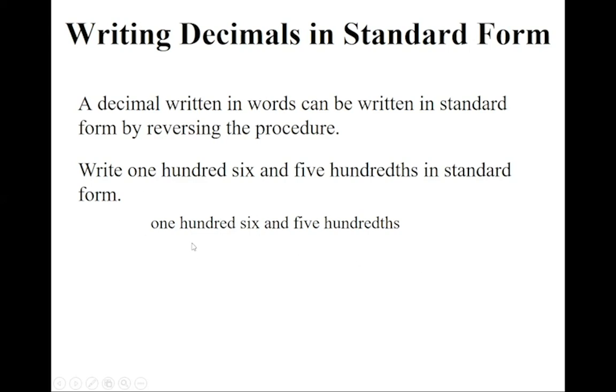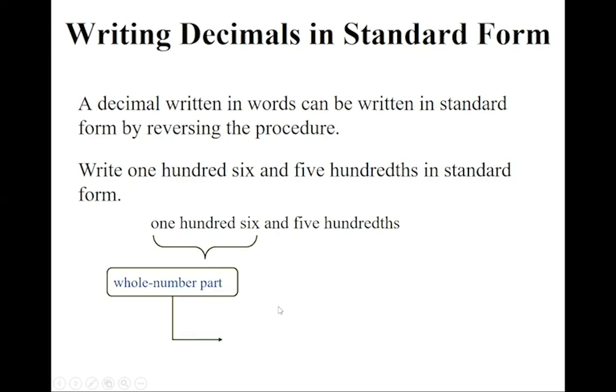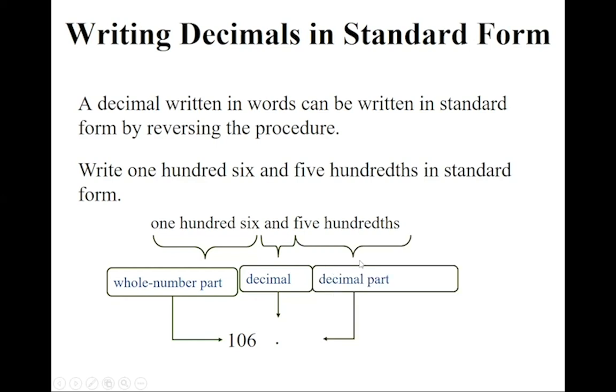The whole number part, 106, will come first. And then the and, that's the decimal point. But the hundredths tells us where to put our 5. It needs to end in the hundredths spot and be the number 5. So 0, 5.